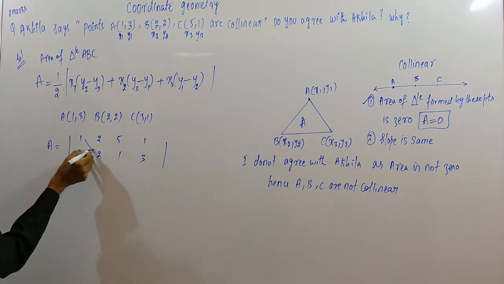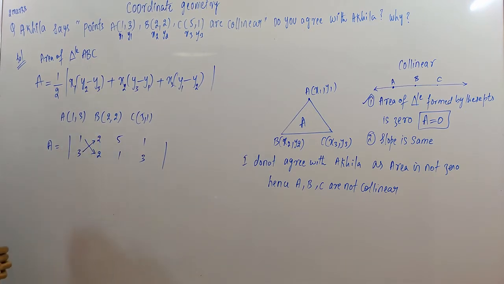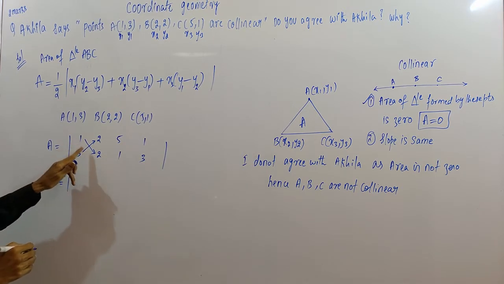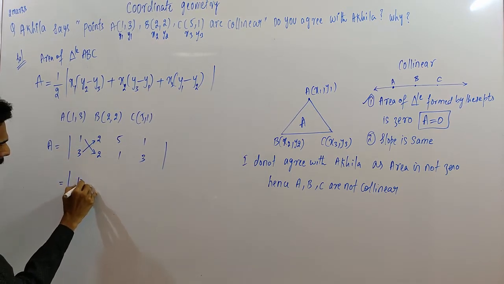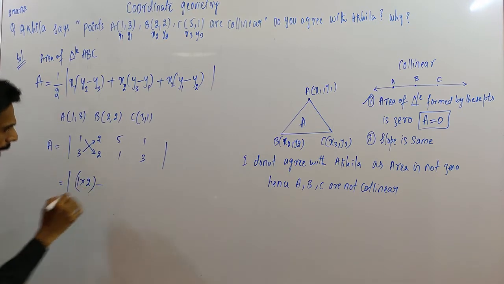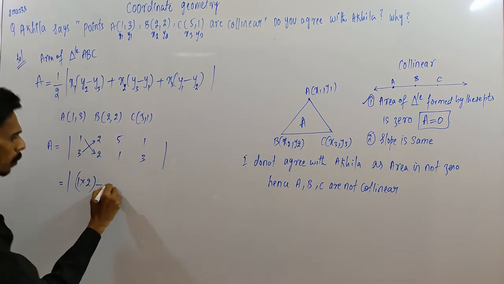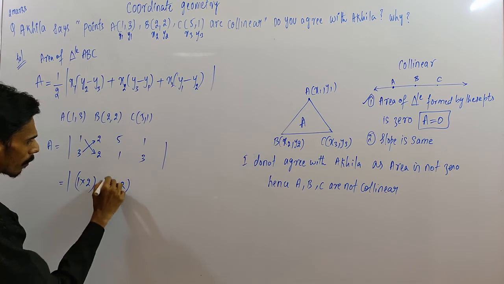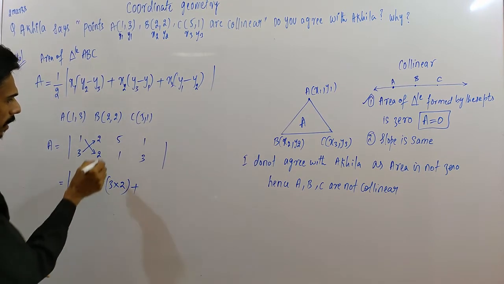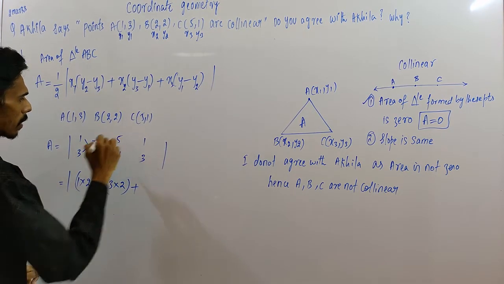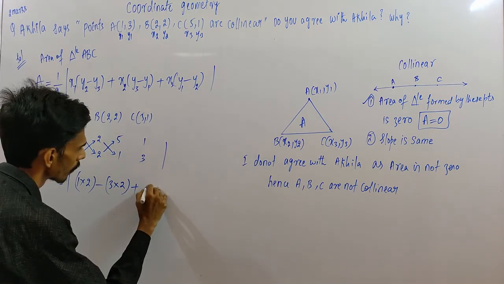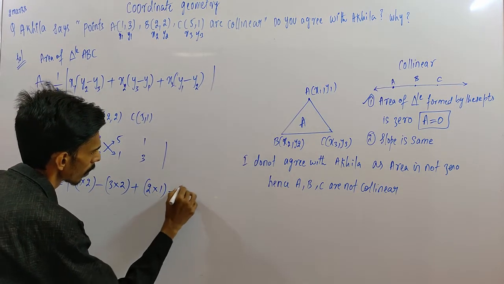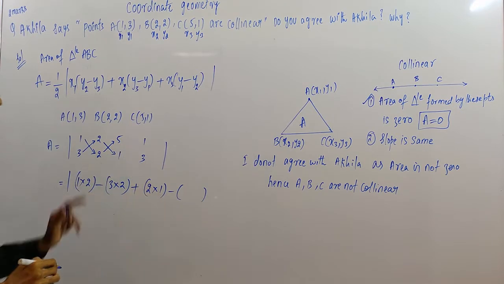Now apply here AD minus BC, cross multiplication. 1 into 2, take bracket, put minus sign, 3 into 2. Take plus sign. Again apply cross multiplication: 2 into 1, 2 into 5.